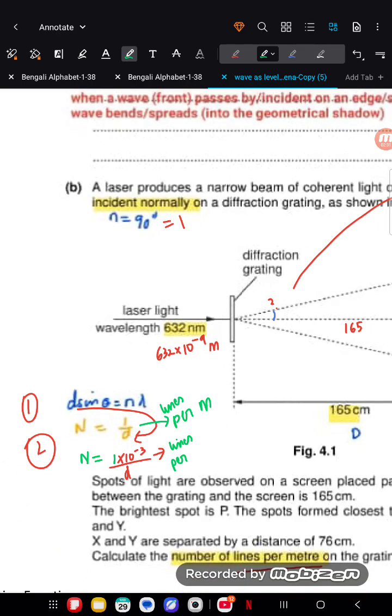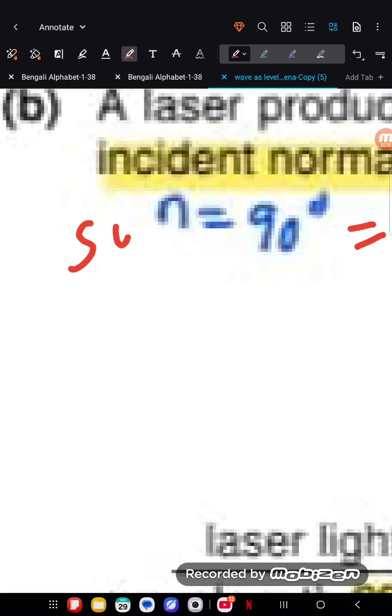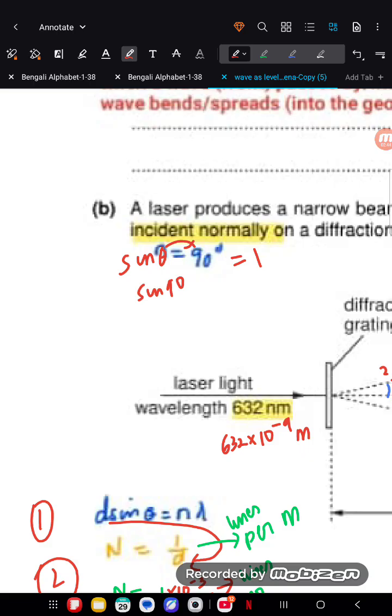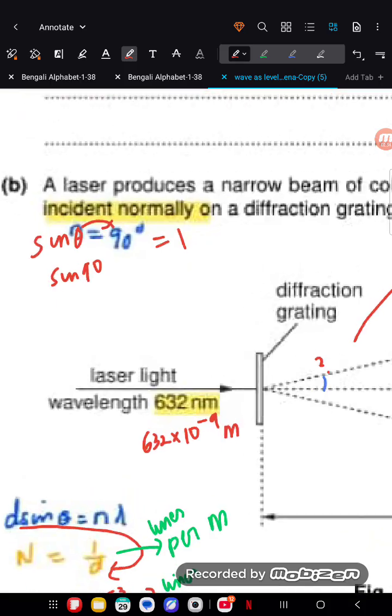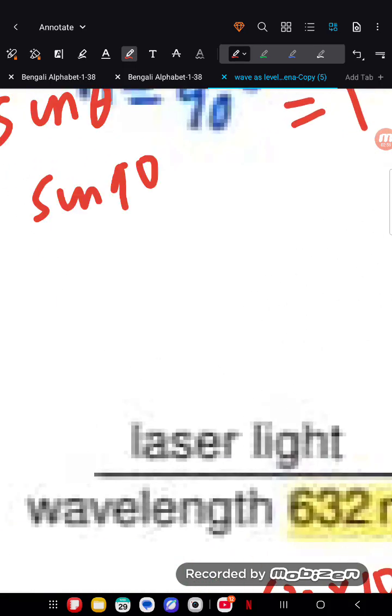Incident normally means sine theta is 90 degrees, so sine theta is 1. In the calculator check what sine 90 is. Incident normally means sine theta is 90 degrees, not that n is 1 or 2.